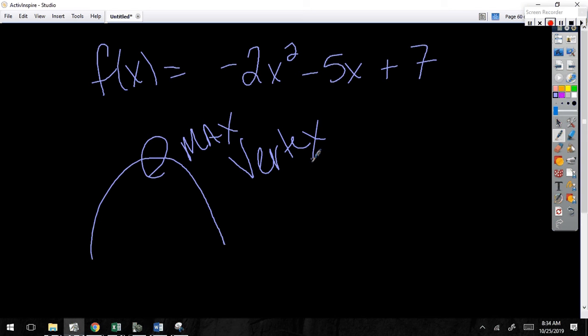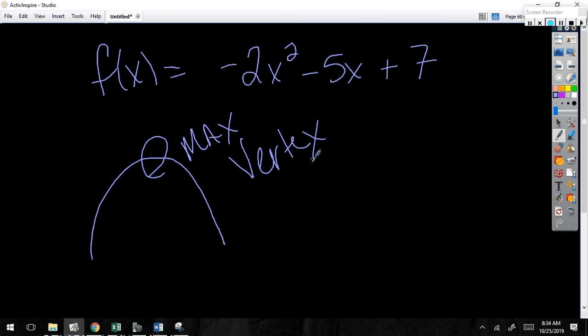Okay, so let's put it in play with an application problem, because that's really the point of all this. You know the other question would be like, what is the relative maximum?